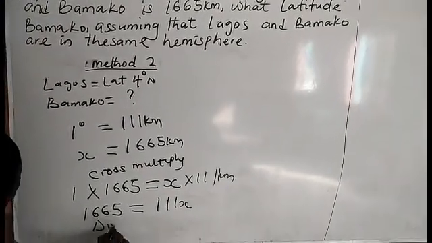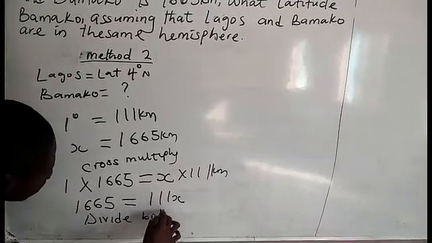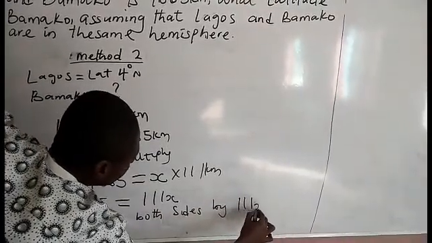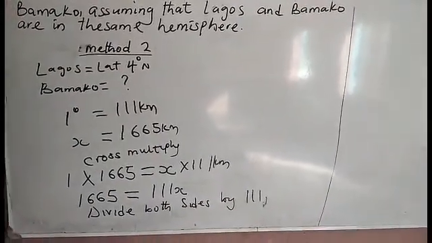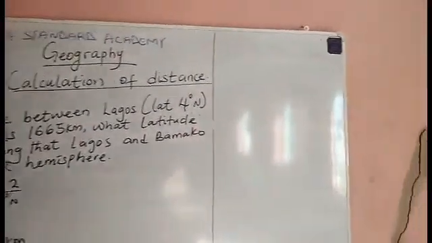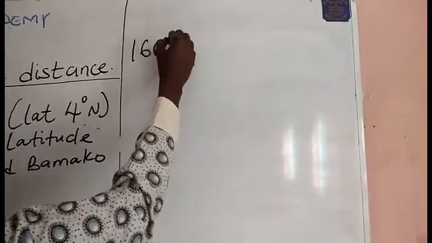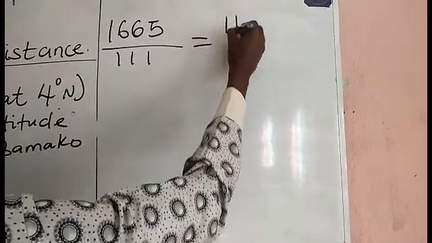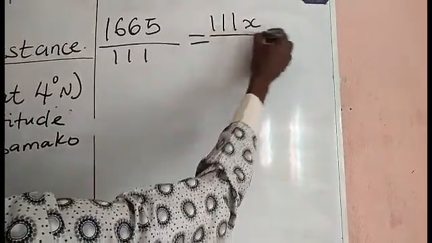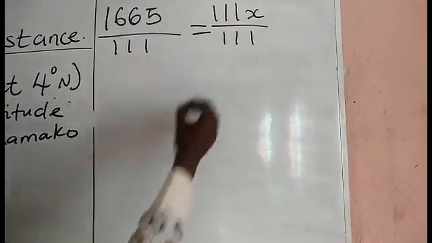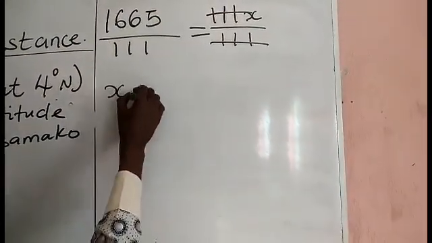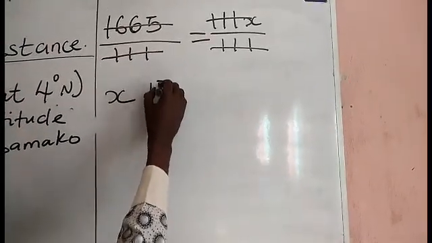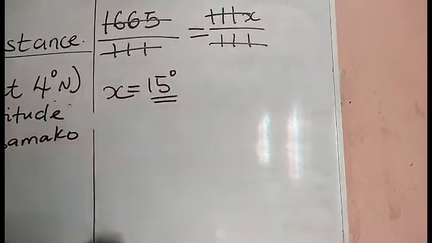We now divide both sides by 111. So we have 1665 all over 111 equal to 111x all over 111. We cancel this, we are left with x. 111 into 1665 is 15. Here we have our 15 degrees.